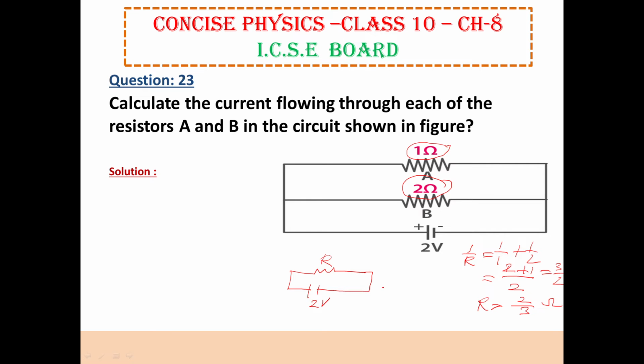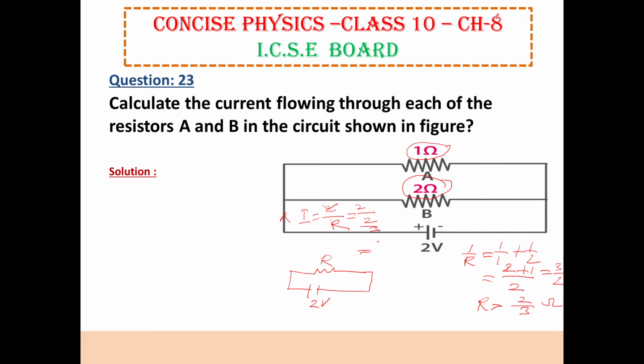So if the current flowing through the circuit is I, then I equal to V by R. So this is 2 volt by R, which is 2 by 3.